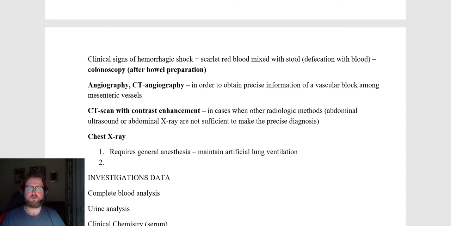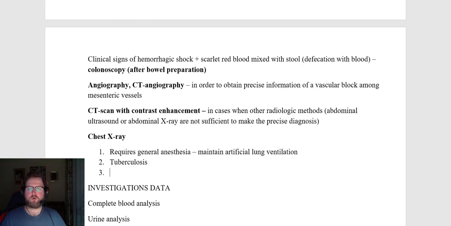Next, it can give you overview information about tuberculosis. In the modern world, you know that we have an epidemic of COVID-related pneumonia, so a simple X-ray can give you brief information if the patient has some lung pathology, which can make you aware that you better test him for COVID.